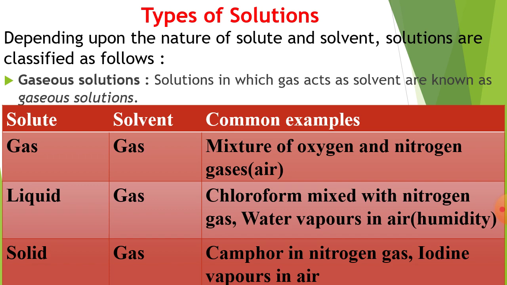Now third, solid solute and gas solvent, camphor in nitrogen gas. One more example, iodine vapor in the air. These are examples of solid into gas.